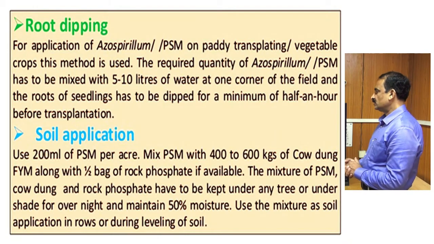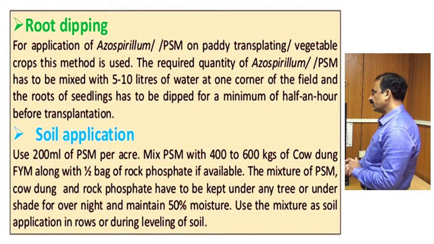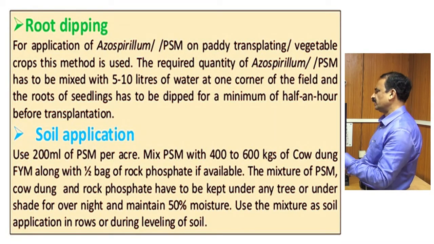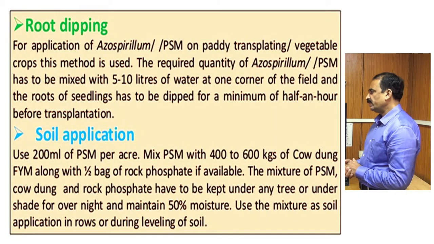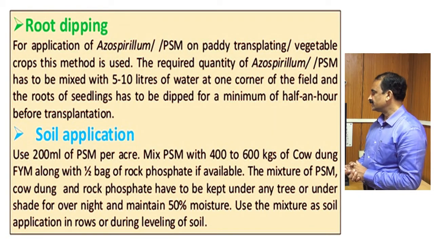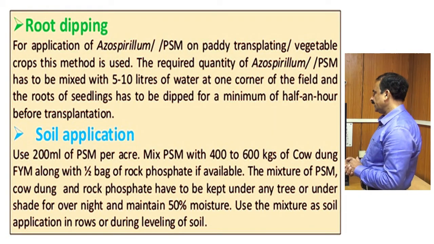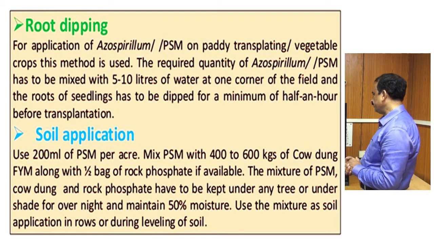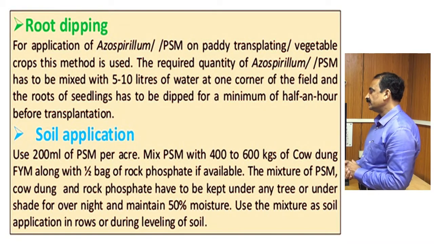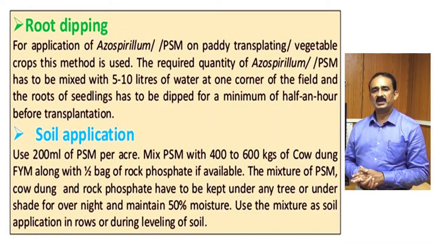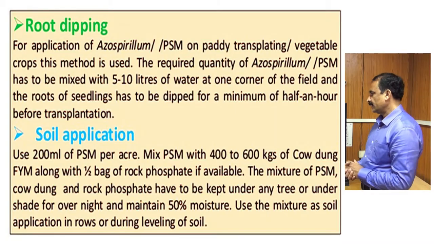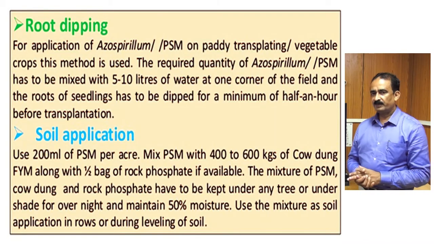The required quantity of Azospirillum or any other microbial inoculants has to be mixed with 5 to 10 liters of water at one corner of the field, and the roots of the seedlings have to be dipped for a minimum of half an hour before transplanting or sowing. Then soil application.